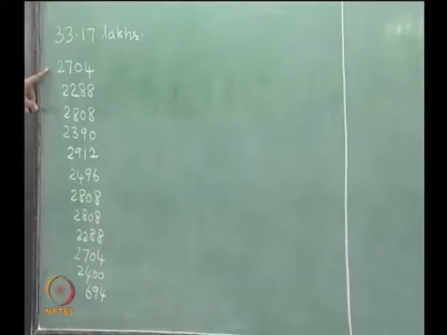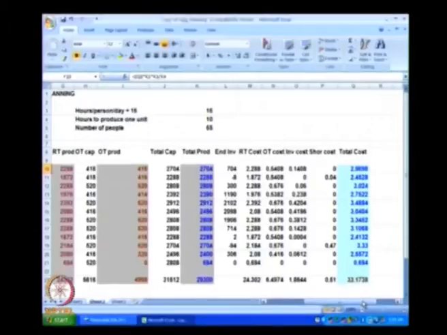These were the 12 production quantities which you can see here, which are shown in the spreadsheet.